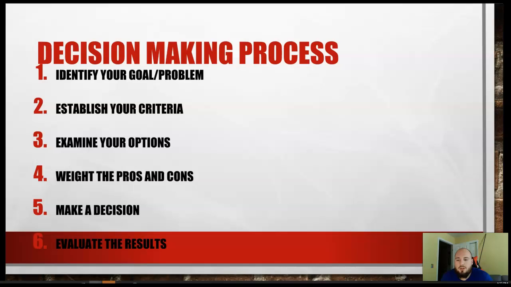When we're talking about college, pros and cons are probably going to be cost, and maybe how good the program is could be a pro. When I talk about cost, I mean tuition and living, because you have to move there too. And if you got scholarships someplace, that would obviously influence your decision. And then number 5, I would choose a school. And then number 6, at the end of my time there, or at the end of every year, I would look back and say, I feel pretty good about this, or I don't feel very good about it.